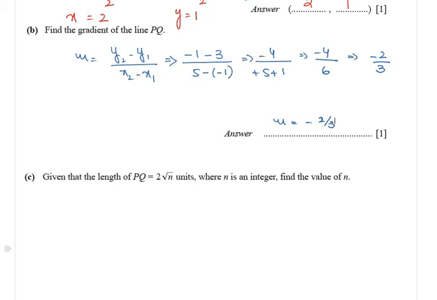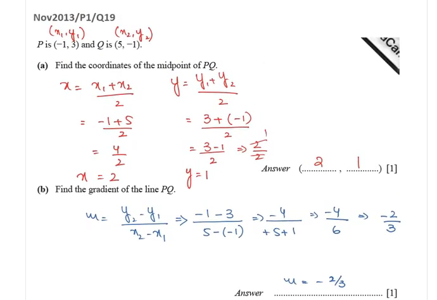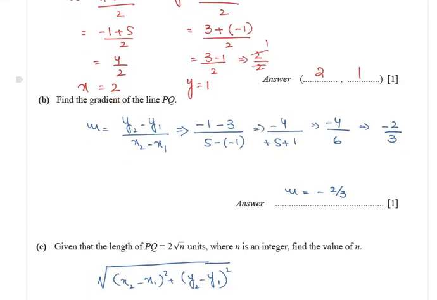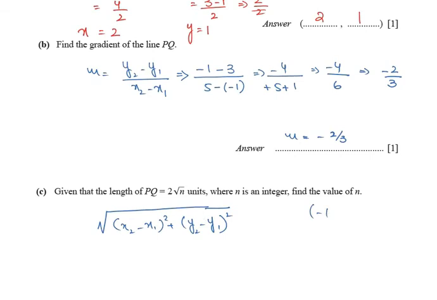Now let's apply the formula of length, that is, under root (x2 minus x1) whole square plus (y2 minus y1) whole square. We have already considered above the values: x1, y1 is (-1, 3) and x2, y2 is (5, -1).